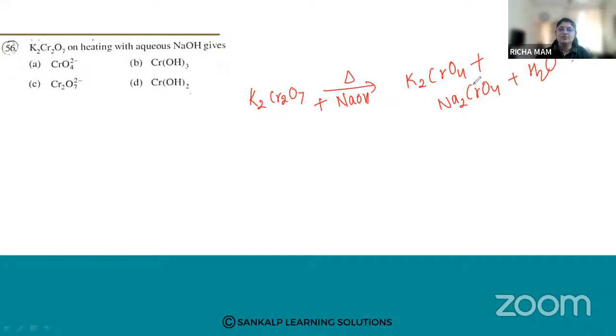So CrO4 2- is obtained. Option number A. These are reactions from the preparation of compounds, in that dichromate system. So these are from the preparation part.